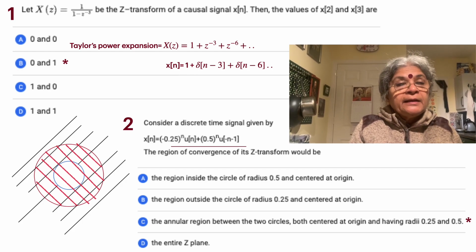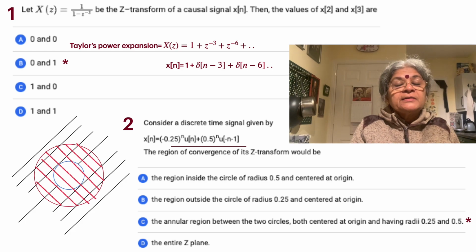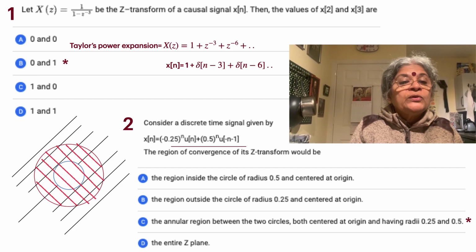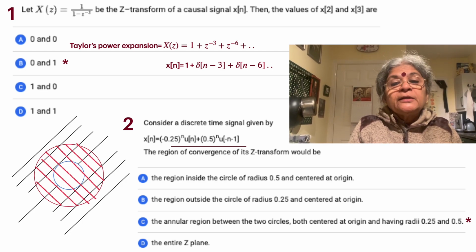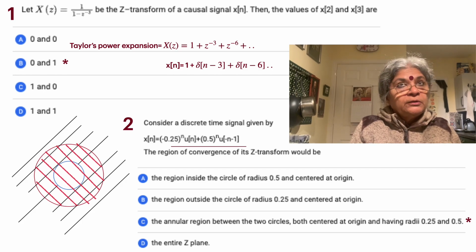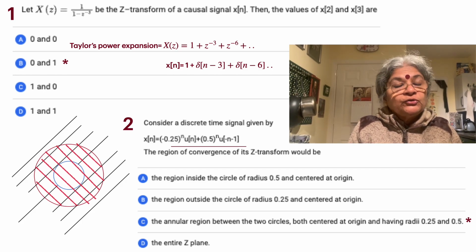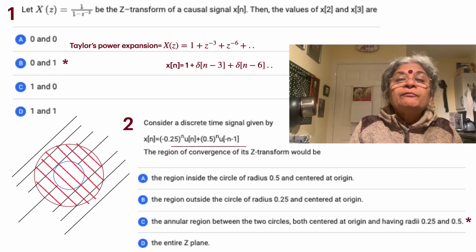Because 1 gives you in its z inverse version delta, an impulse, and z raised to minus 3 gives you a delayed version of the same impulse. So if you want to get x[2], which occurs at n equal to 2, it's equal to 0. There is no impulse there, or there is no signal at that point of time. But at 3 we have a value equal to 1.